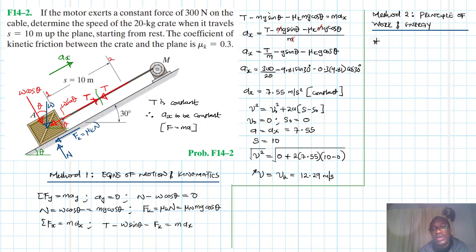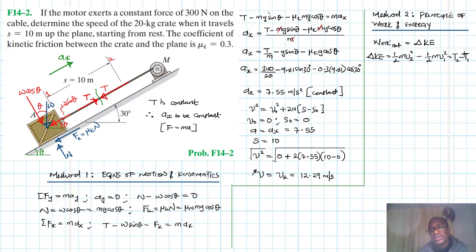The net work is just equal to the change in the kinetic energy, and the change in the kinetic energy is equal to half m v2 squared, which is the final kinetic energy, minus the initial kinetic energy, which can also be written as T2 minus T1.